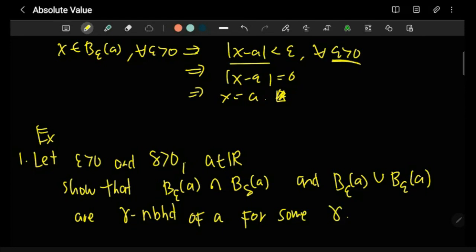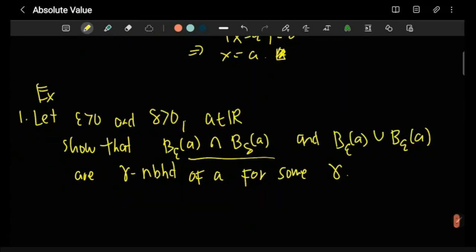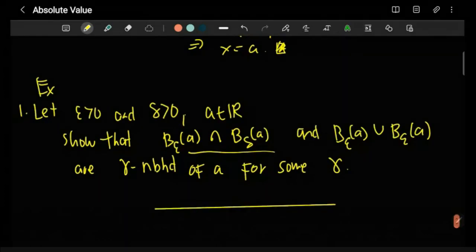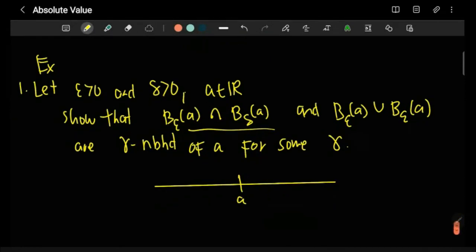Yan. So, ibig sabihin, dapat we can find a certain gamma such that we can express this as a single neighborhood. Well, to illustrate, meron ka daw A. Tapos meron kang delta tsaka epsilon. So meron kang dalawang positive number, isang delta, isang epsilon. Well, without loss of generality, sabihin natin na mas malaki yung isa sa isa. So without loss of generality, kasi kung equal yung dalawa na yan, syempre ang intersection is the same. Ang union is the same.